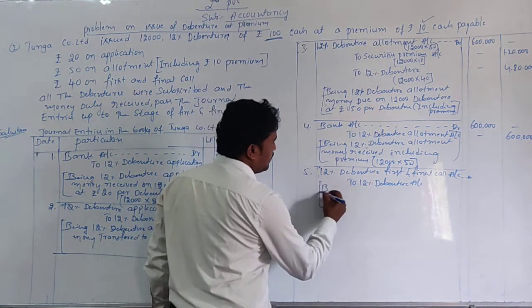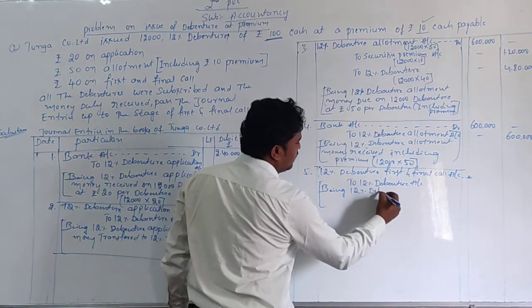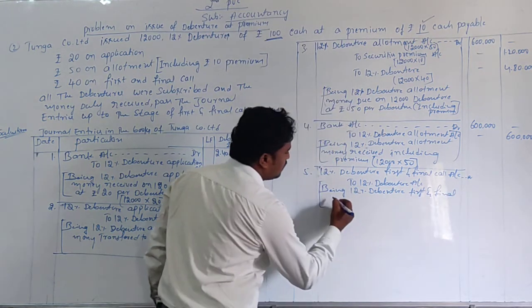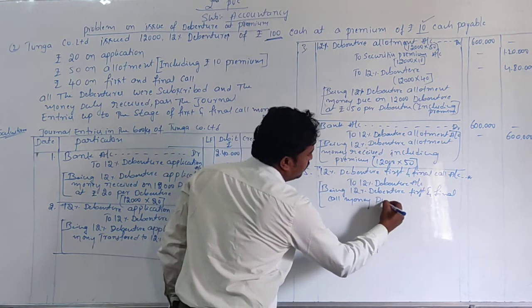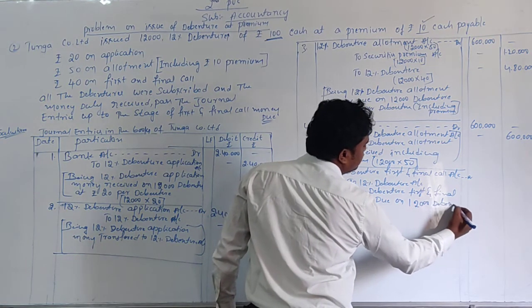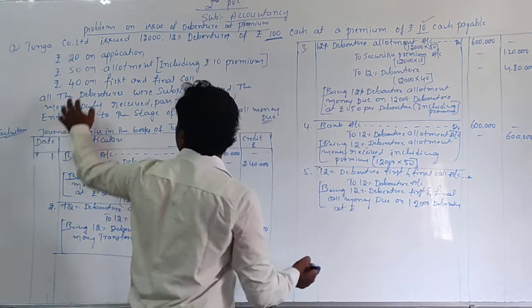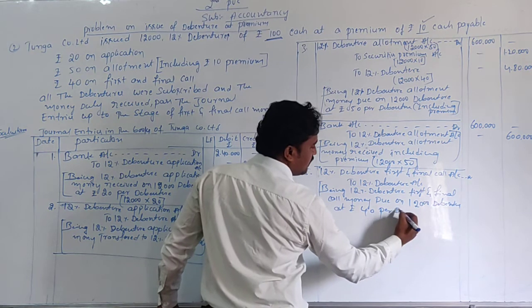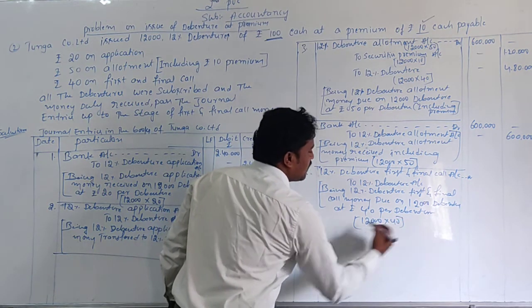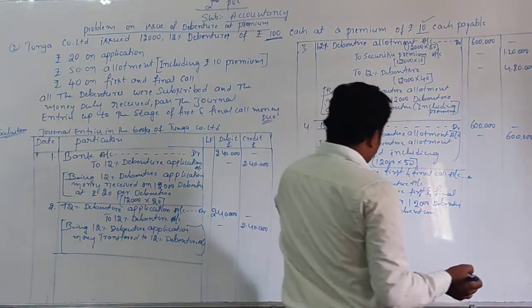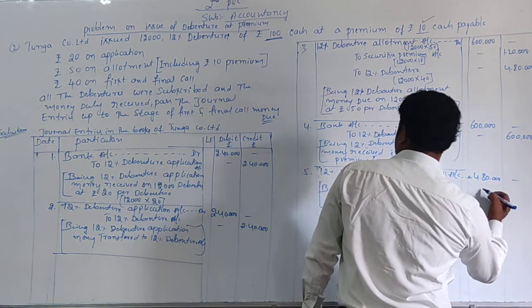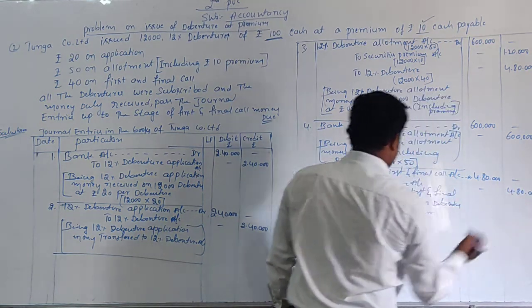Narration: being 12% debenture first and final call money due on 12,000 debentures at rupees 40 per debenture. So 12,000 into 40, 4,80,000.